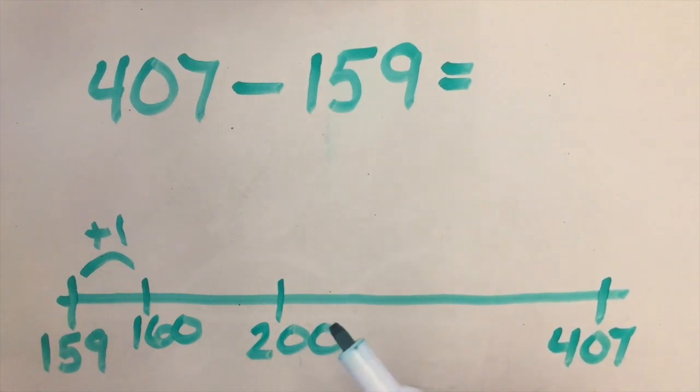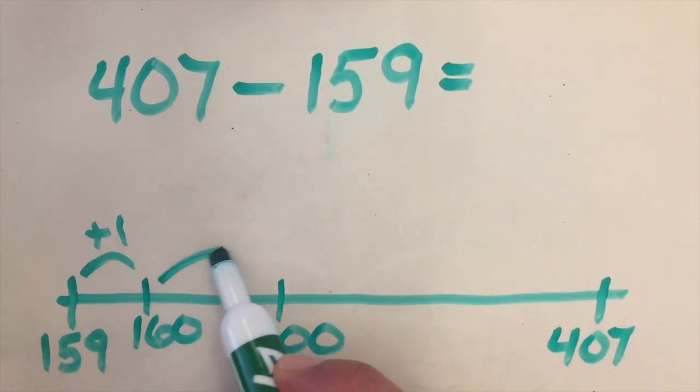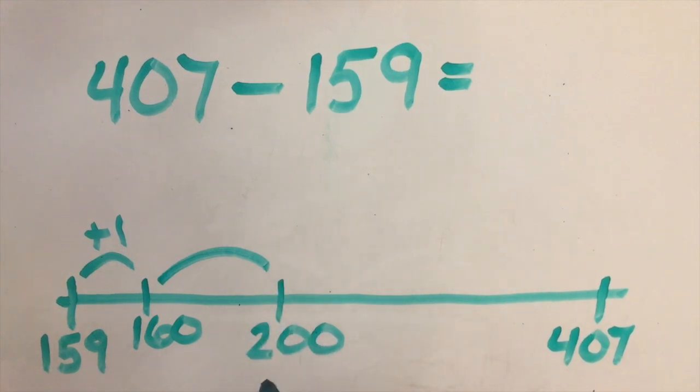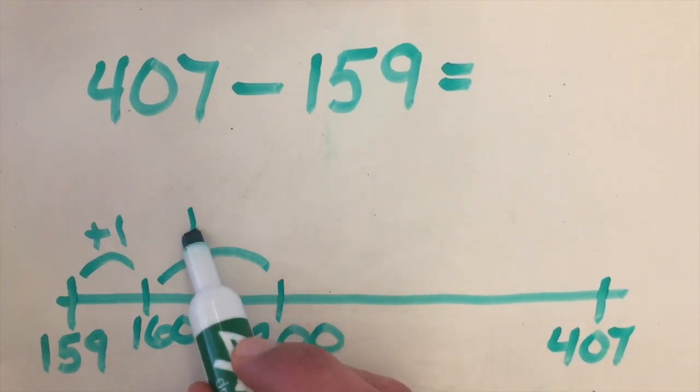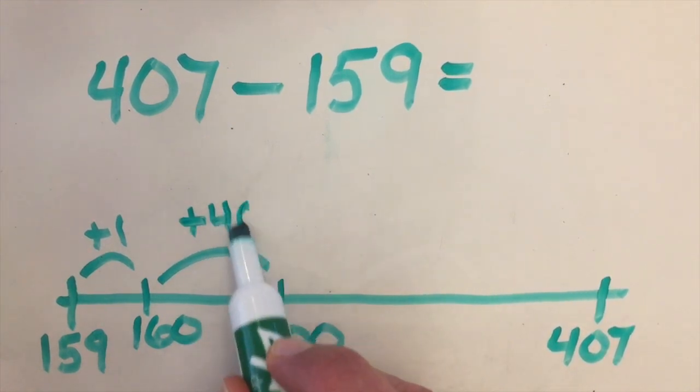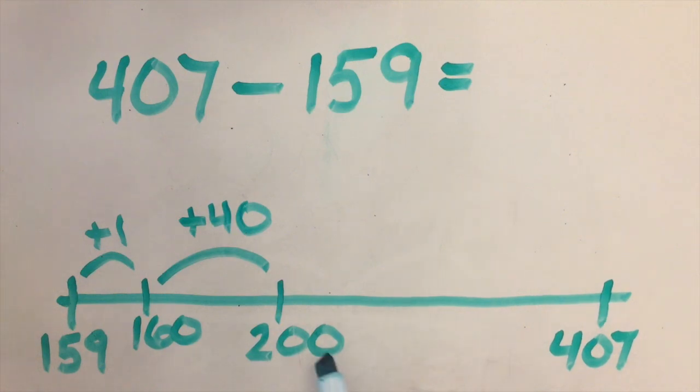200 is a very easy number to work with. It's a compatible number. So from 160 to 200, if I count by tens, 170, 180, 190, 200, that's going to be 40. So I would write +40 here. Now to go from 200 to 407, I could go to 400 here, or if you can do a little bit of mental math, going straight from 200 to 400 would be 200, and then we just add 7 more.